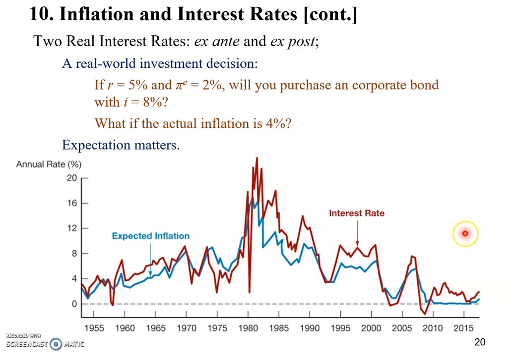Okay, and we find a positive correlation between these two. In other words, for most of the time in history, when the expected inflation goes up, the nominal interest rate goes up as a result. And vice versa, when the expected inflation goes down, the nominal interest rate goes down as a result.